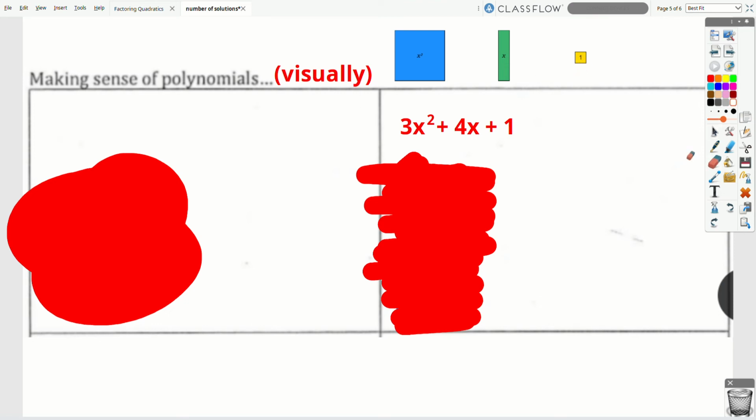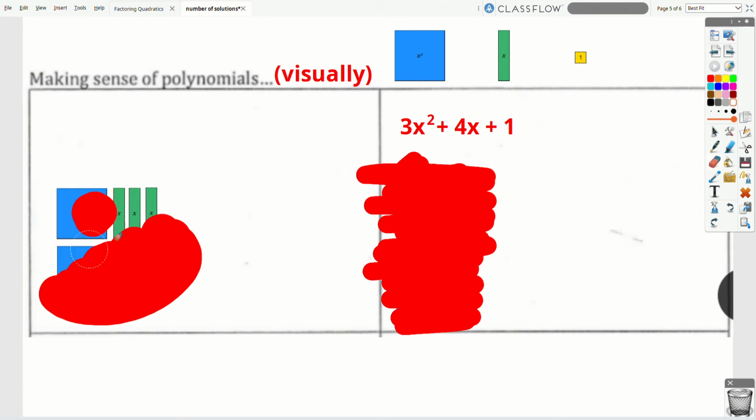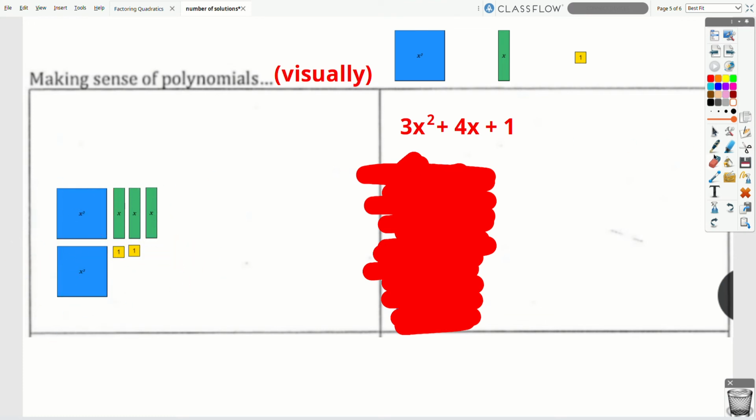So what we're going to do is write the polynomial that corresponds with different amounts of these. Let's say we have these pieces here. We can write a polynomial which looks something like this that represents these.